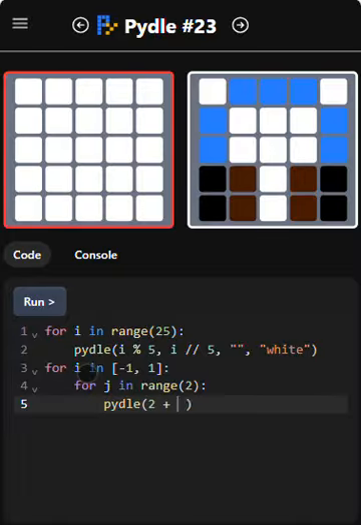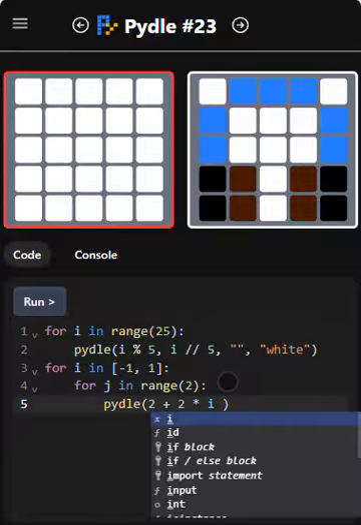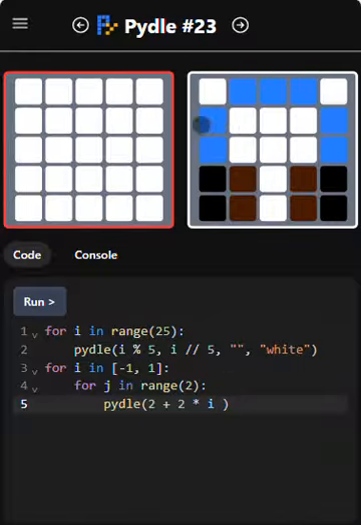That's going to be 2 plus, and you can see in Cartesian coordinates x would be -2 and +2, so what we want to do is 2 times i. That's going to give us our -2 and our +2 using i.